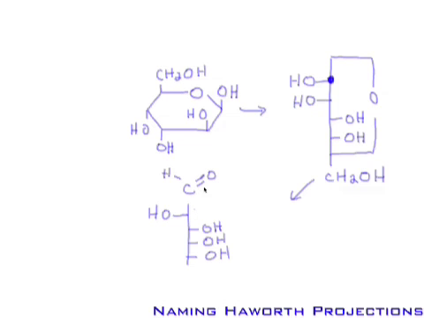Okay, so here is carbon 1. That's carbon 1. Here's carbon 2. That's carbon 2. Here's carbon 3. That's carbon 3. Here's carbon 4. That's carbon 4. And the carbon of the ring, the cyclized, was this one, carbon 5. And then I have the CH2OH. So here's my Fischer of my sugar.